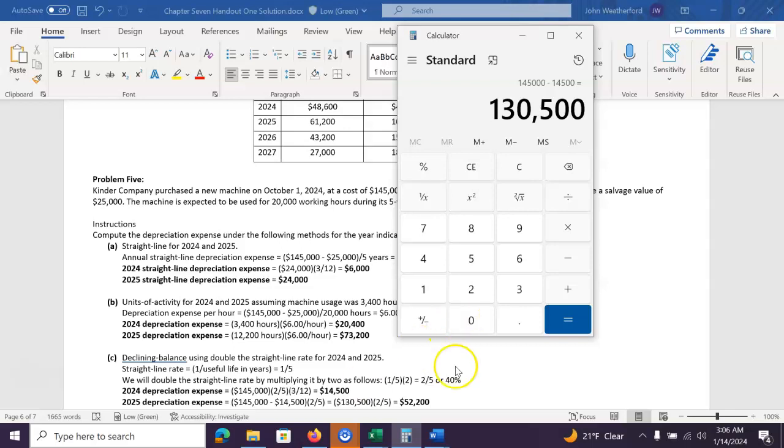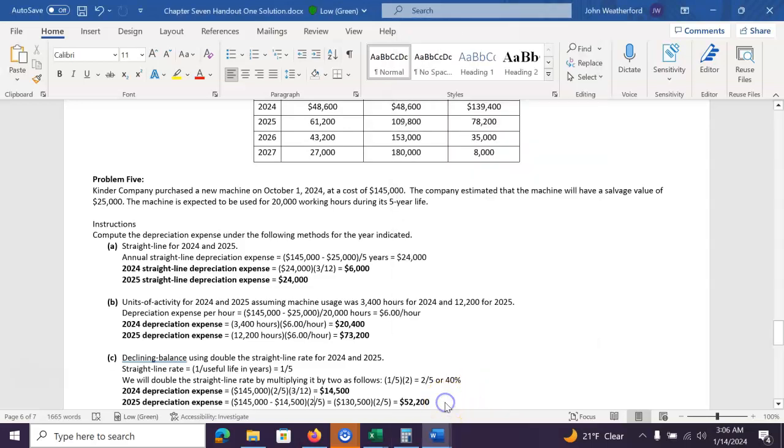And then multiply by our rate of 40% or 2/5. So you can say times 2 divided by 5, or you can just say times 0.4, whichever you prefer. And we get our depreciation expense for that year, $52,200.